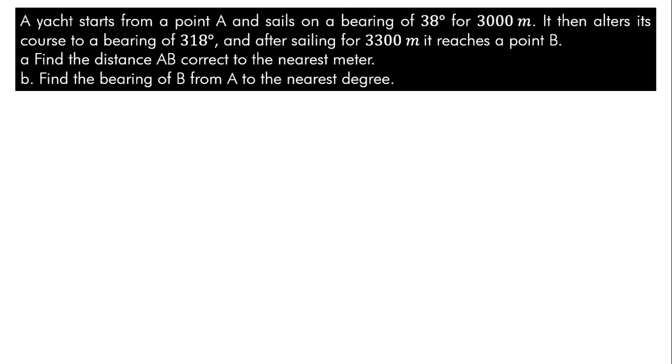It then alters its course to a bearing of 318 degrees, and after sailing for 3,300 meters, it reaches a point B. The question now is, find the distance AB to the nearest meter, so we will round off to the nearest whole number. And for part B, find the bearing of B from A to the nearest degree.